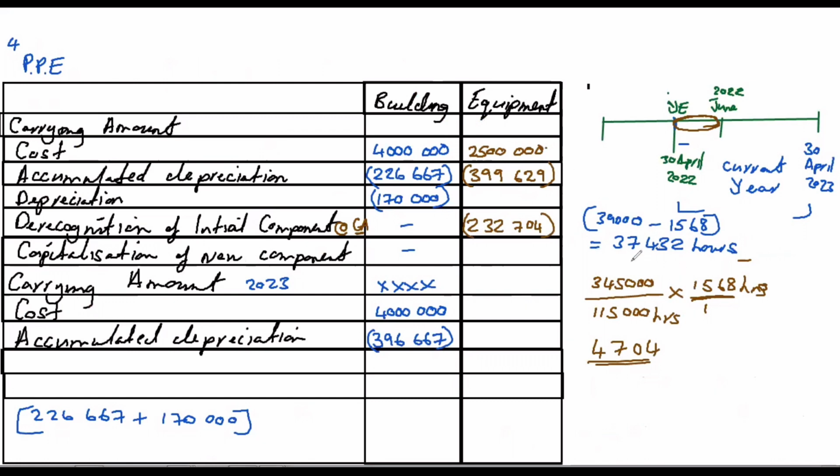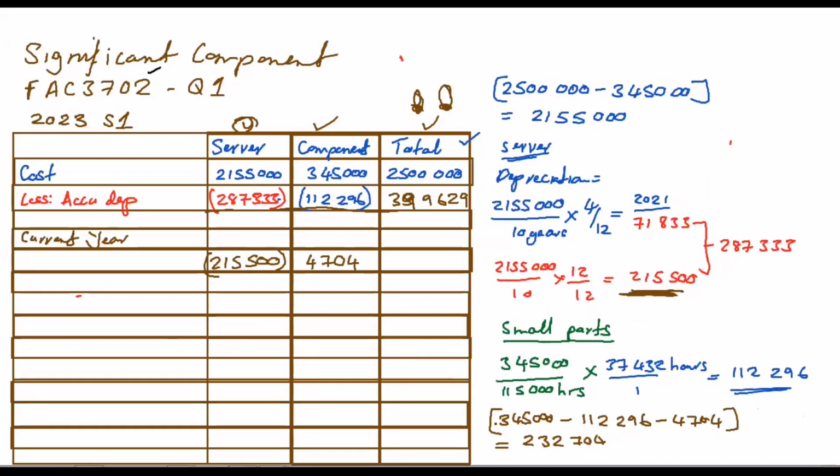Sorry, sir. Yes, Mr. Moses. I'm getting a different amount. I don't know if it's me. I got 228. Yes, I also got 228,000. Right. Okay, yeah, that's an arithmetic error. But the 704 is the same.